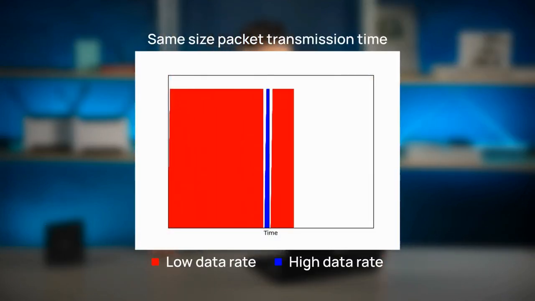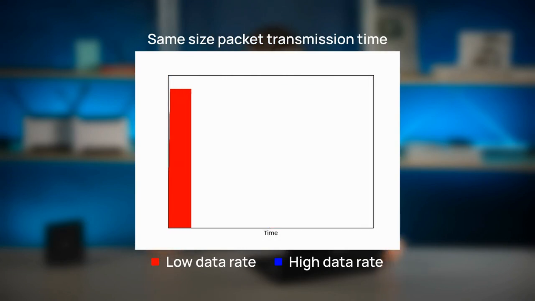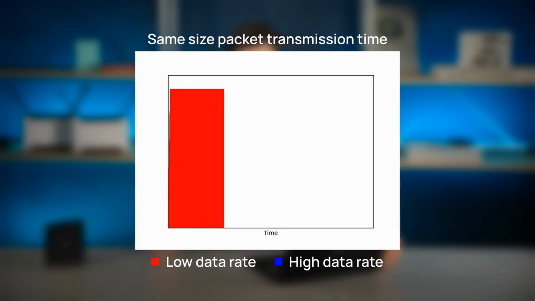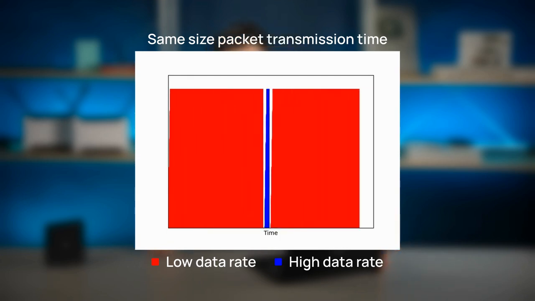In such cases, an AP sending equal amounts of data to each client will be using vastly more of its airtime transmitting to the slower client.